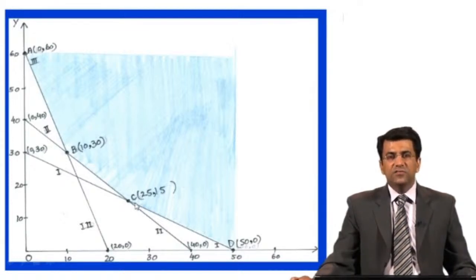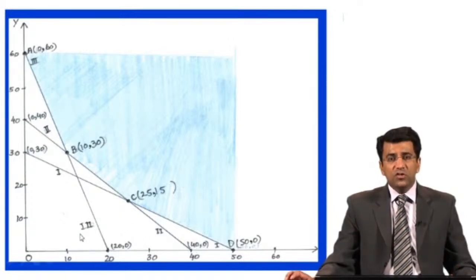And the last feasible point is D, which is on the x-axis, for which we already know the coordinates, that is x equal to 50 and y equal to 0. So class, our corner points are A, B, C and D. These are the 4 corner points which have been identified by using the corner point method.